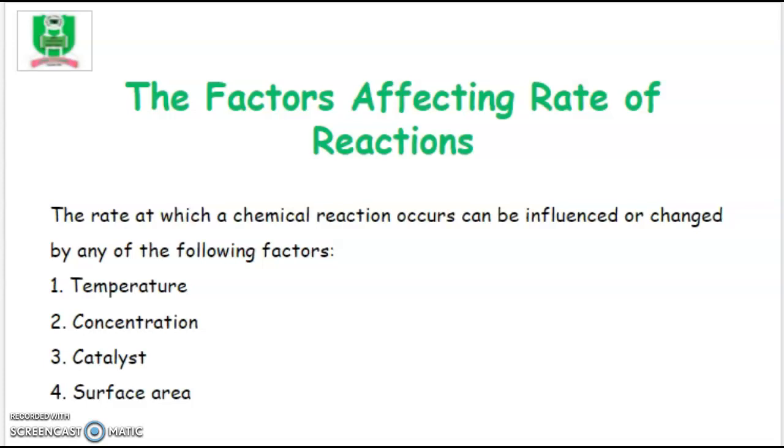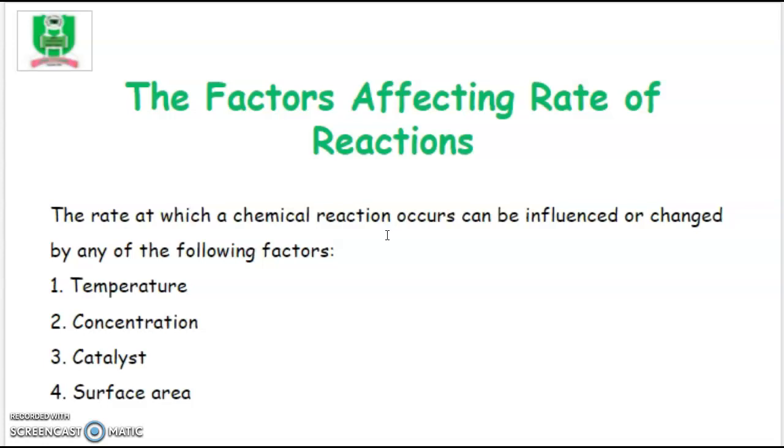Now, when we talk about factors affecting the rate of a reaction, we're in essence talking about things that, when changed in their level, may either cause an increase or a decrease in the rate of a chemical reaction.